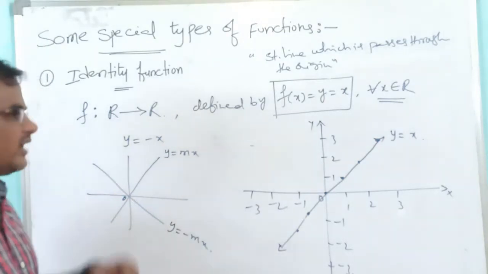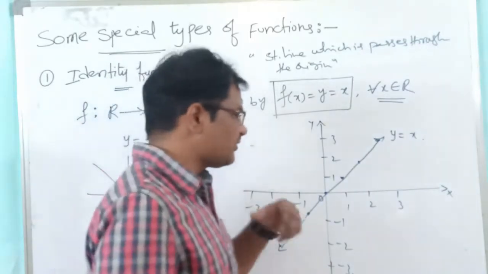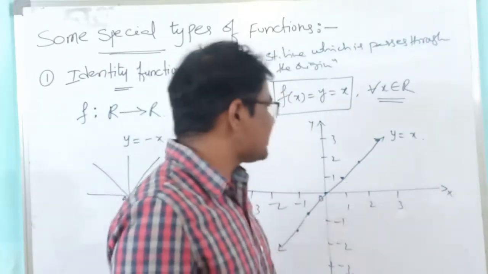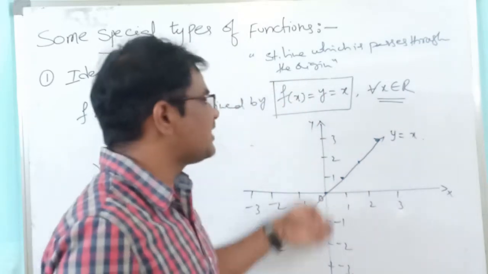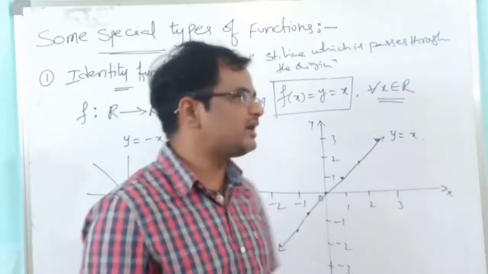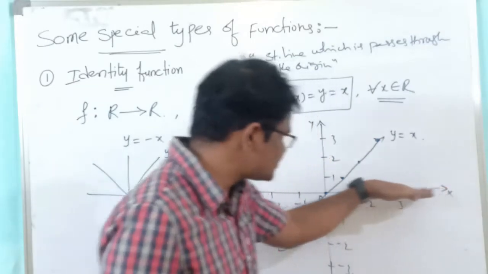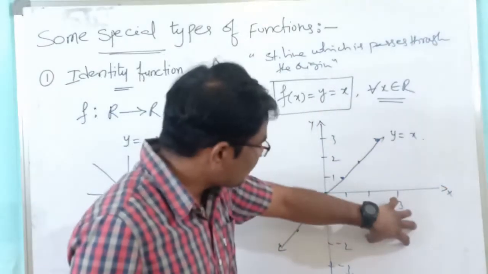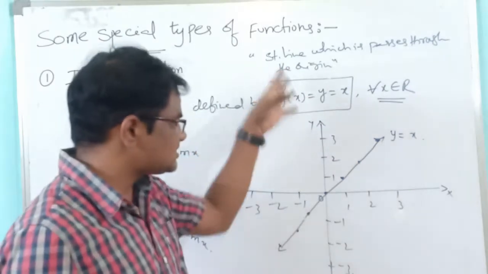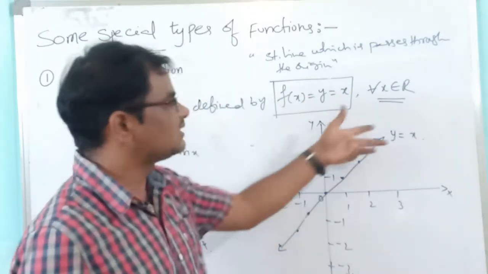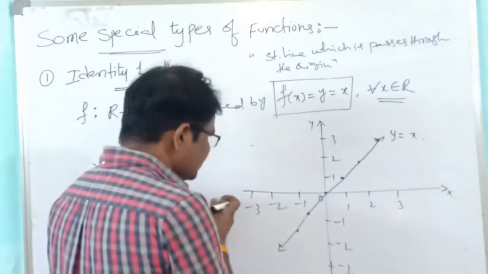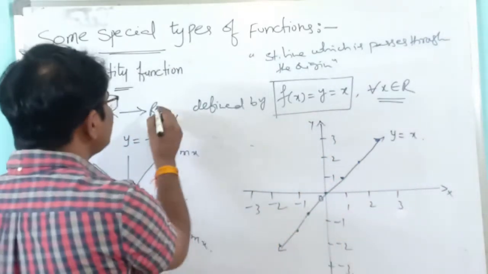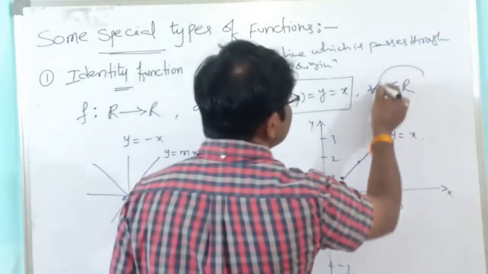Okay, no? And now what is the domain and range? Domain means existence of x values. According to those x values, what are the y values? Range. Right? What is the domain? Existence of x values is the domain. And according to the domain, what you will get on the y axis? The values on the y axis are the range. Here they are given for all x belongs to real numbers.